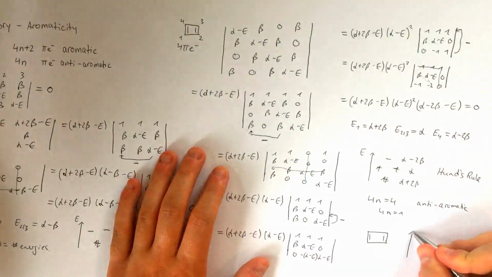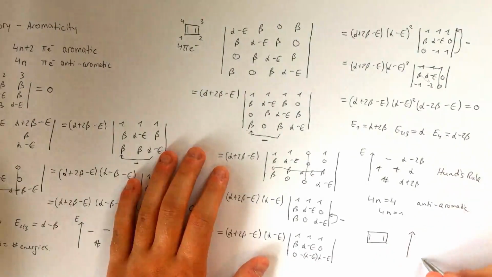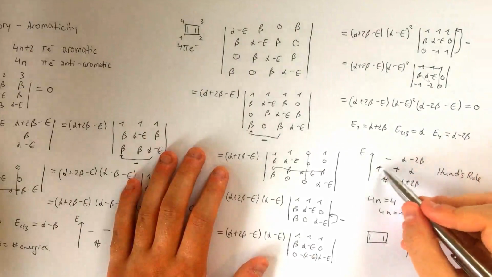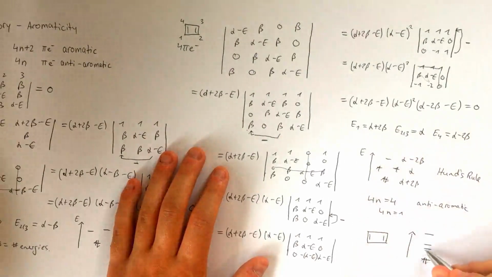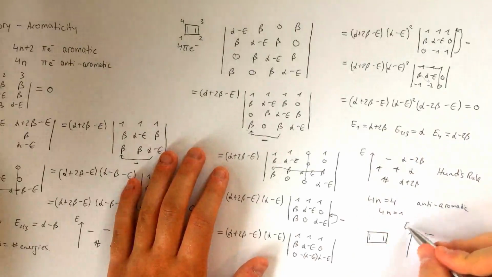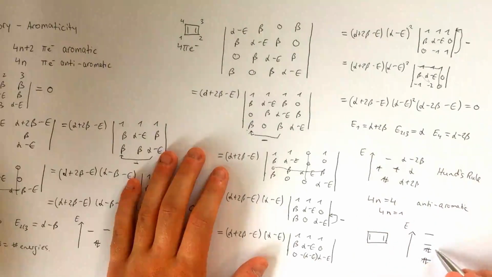which shifts the energy level diagram like this, where one of these levels got stabilized and the other destabilized, so that if we fill it, it would look like this, which would overall stabilize our system.